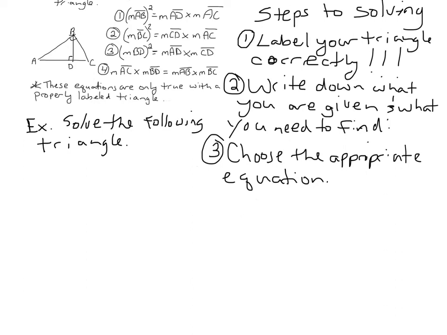So I have this lovely triangle drawn. It's a 90-degree angle there. Has an altitude. It's another 90-degree angle. I know the following. I know that this measurement right here is 4.